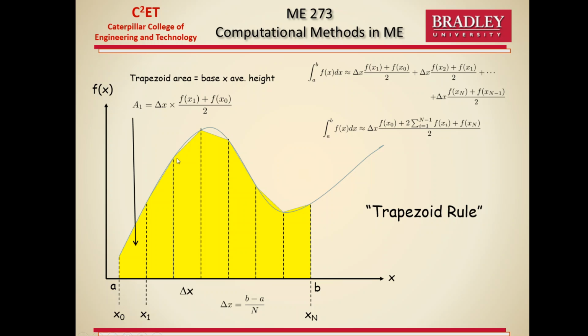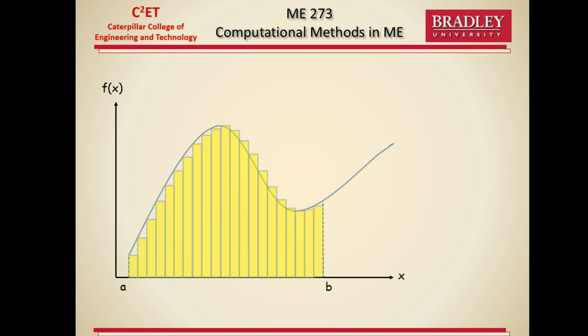Mathematically, to do this properly, you would have to include 3 points, so for instance this point and this point, we could include a parabolic approximation here. This leads to something called Simpson's rules. I don't have a slide which shows you geometrically; you really can't quite represent this geometrically. But if you want to look more in depth, you can look at the relevant chapter in that numerical methods book.